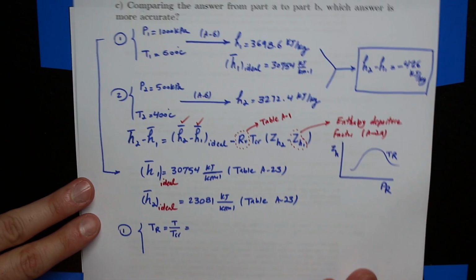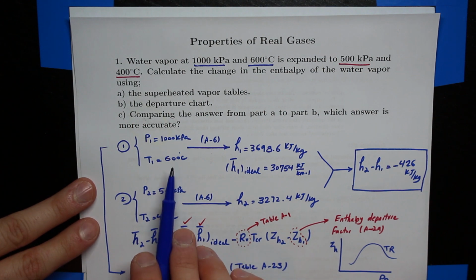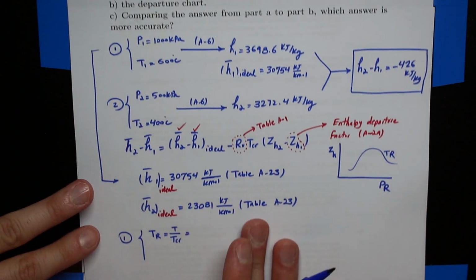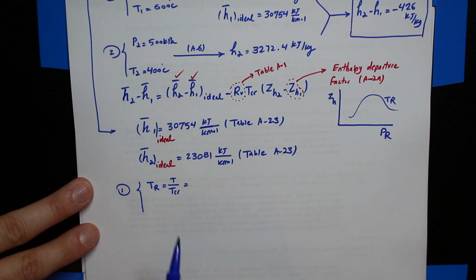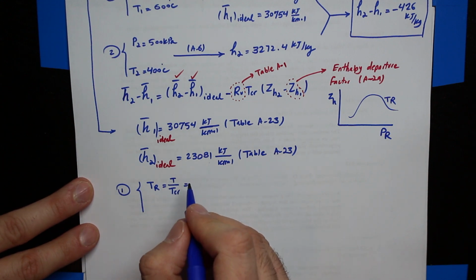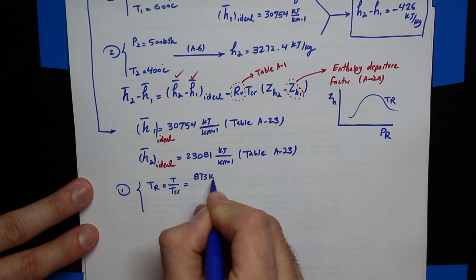The temperature is given at 600 degrees C, but you really want to be careful because for correlations like these, the unit of temperature should be in Kelvin. So I'm converting from 600 degrees C to Kelvin, and that will be 873 Kelvin.